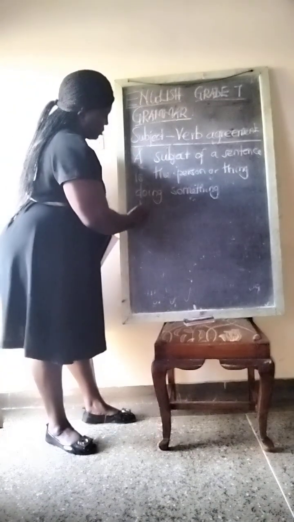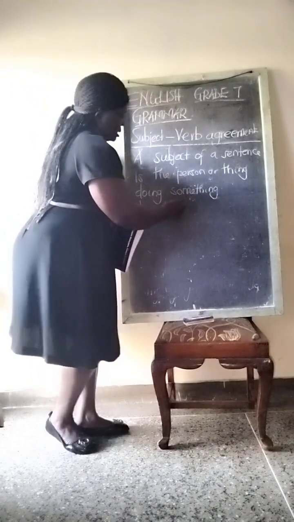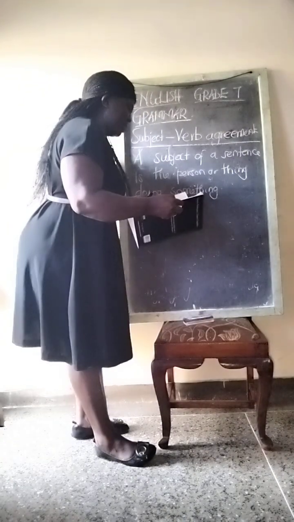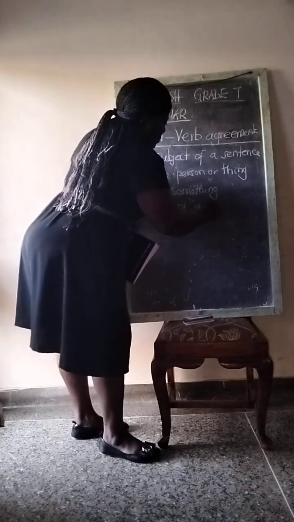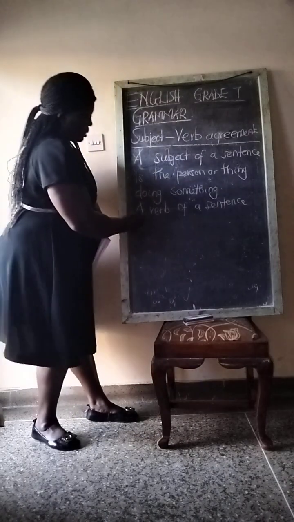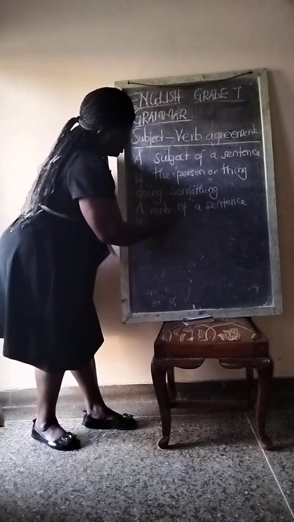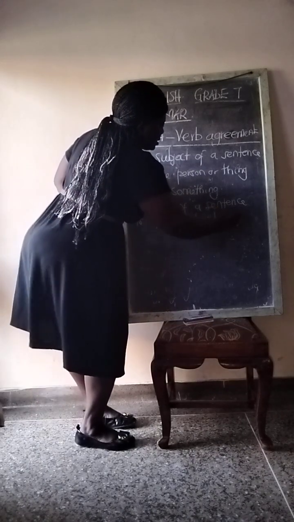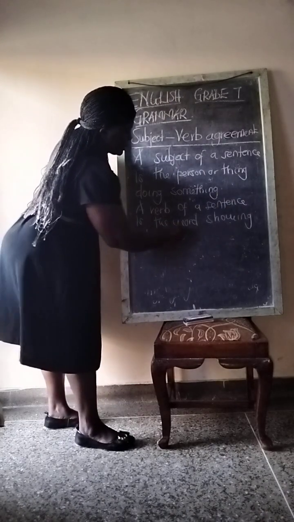Now, what is a verb of a sentence? A verb of a sentence is the word showing the action.